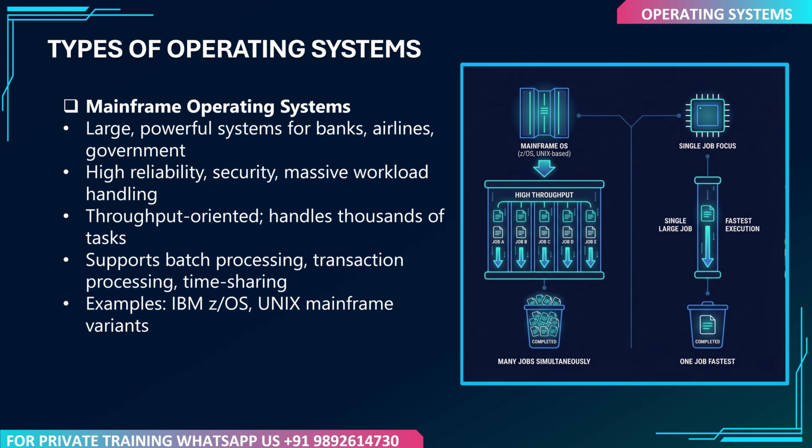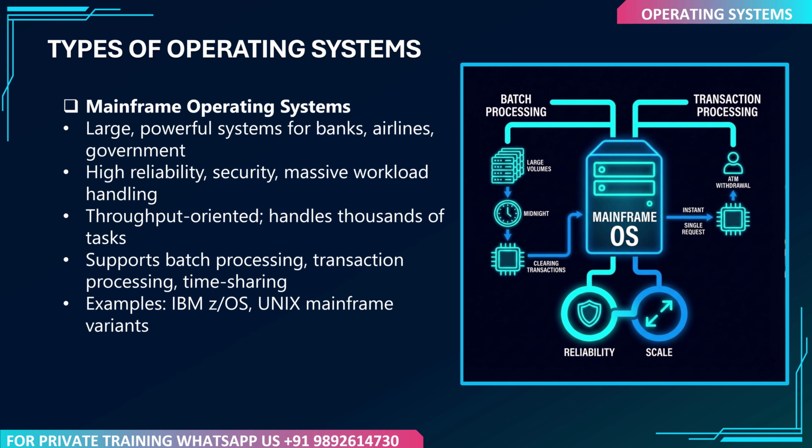Operating systems like IBM's RTOS or Unix-based mainframe systems are great examples. They are built for throughput, meaning they focus on handling as many jobs as possible rather than making one job finish fastest. A mainframe OS supports batch processing, transaction processing, and time sharing.